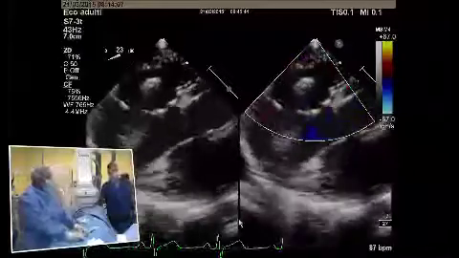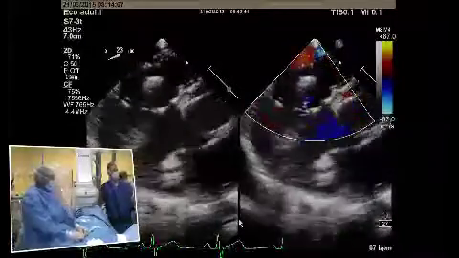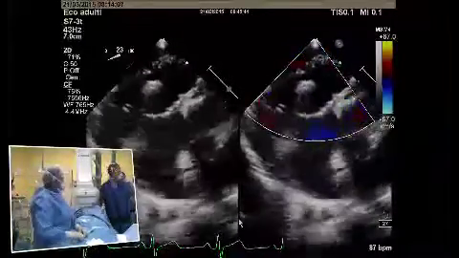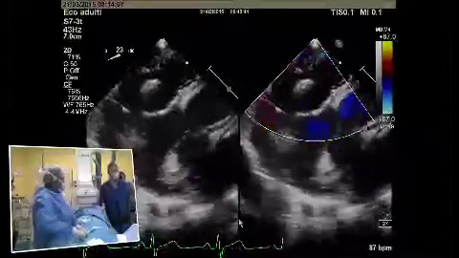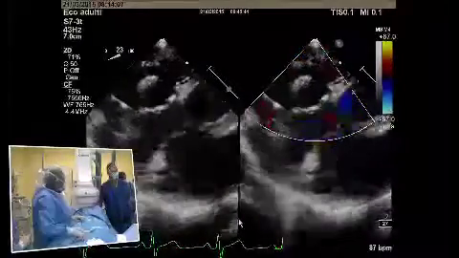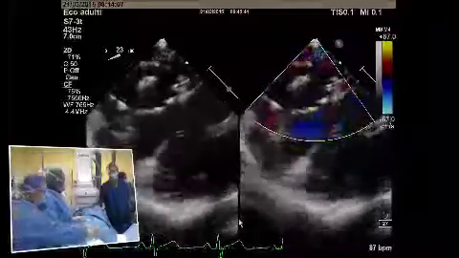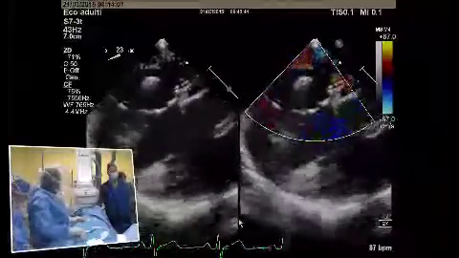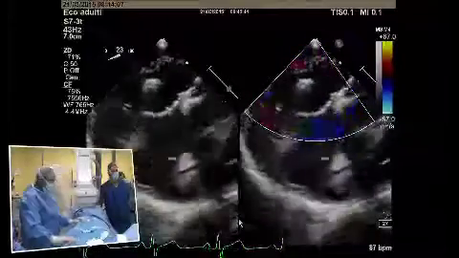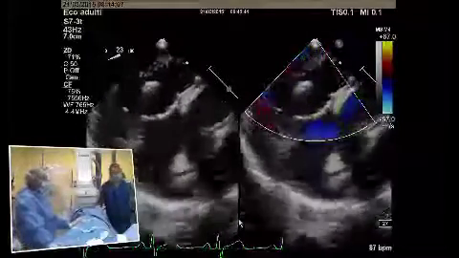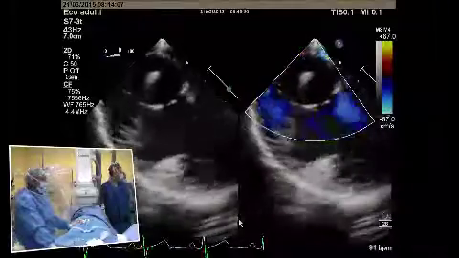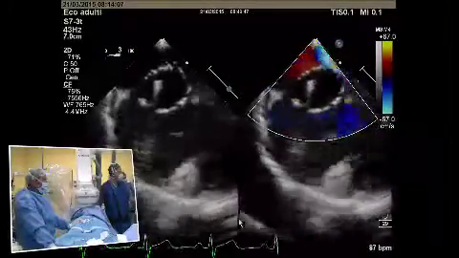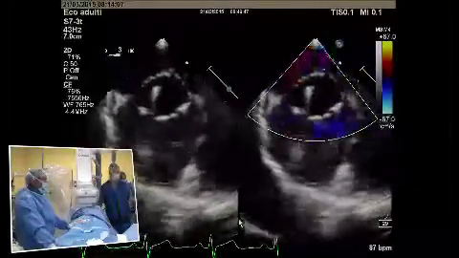I didn't look at the transthoracic, so I cannot refer to that. But we also thought that maybe there is a small defect next to the SVC. I don't think the measurements were much different from transthoracic. I'm saying the question was whether we have an additional small defect. I believe, and I think we showed it very clearly, that the answer is no. It's just a floppy part of the atrial septum.